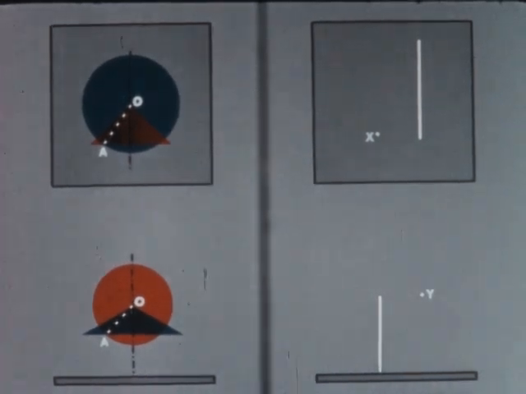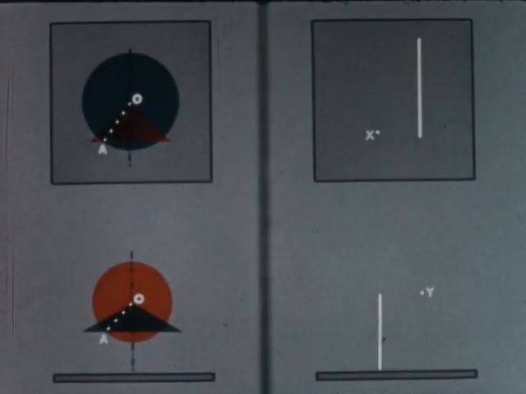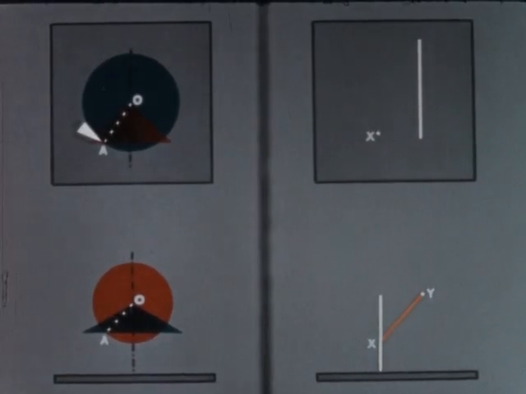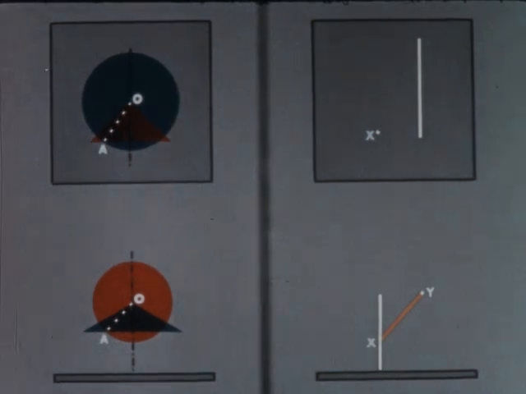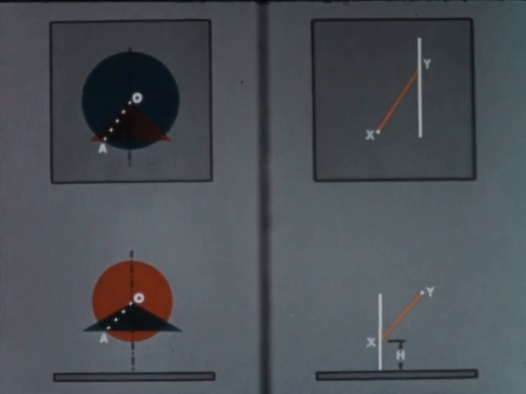To locate the connecting line XY, make it parallel to these views of the directed line AO. This completes the given projections and locates the X and Y points on the given lines.